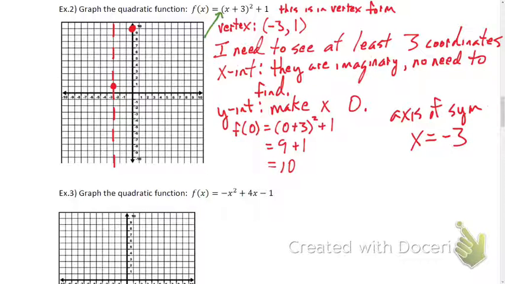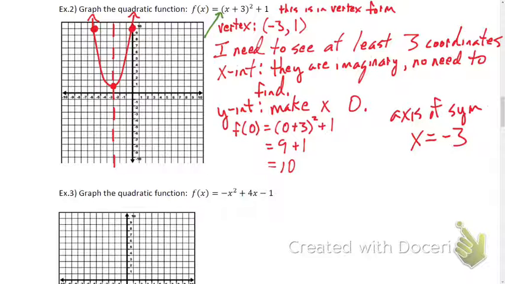But remember, the axis of symmetry is kind of like a mirror, and it can fold over perfectly on itself. So if there's a dot 3 units to the right, up there, top right, 3 units to the right of the axis, there's another dot right there. And we're done graphing. We have our 3 points.